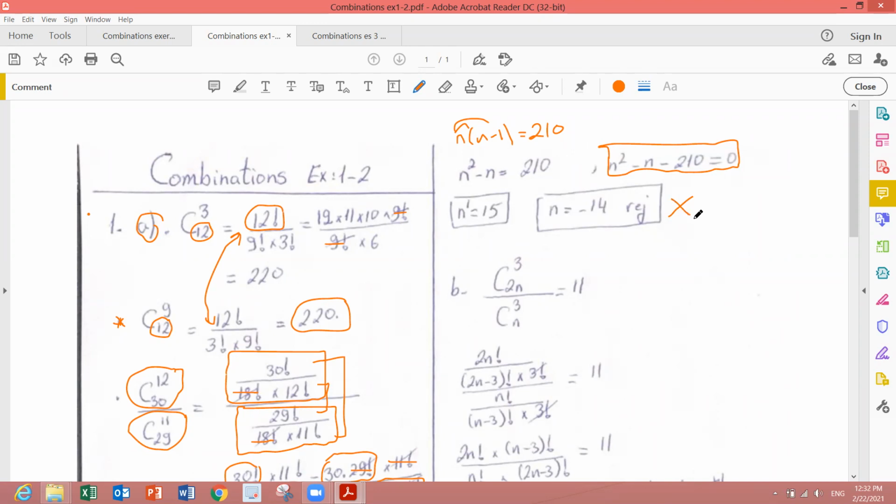Why is minus 14 rejected? It is less than 0. It is negative, yes, because n is a natural number. So here it is rejected.